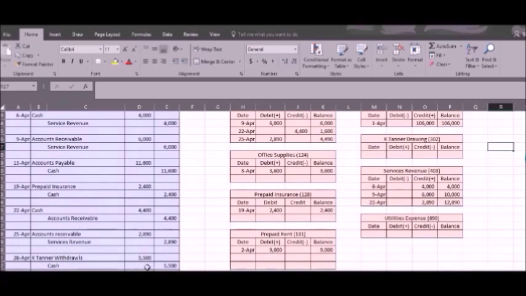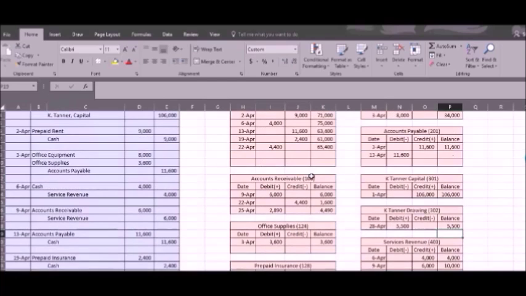Now, K. Tanner's withdrawals. We have to debit the drawing account because he took money out. He took money out on the 28th. He took out $5,500, so that's my balance in drawing, $5,500. But he took out cash, so I scroll up and find cash.